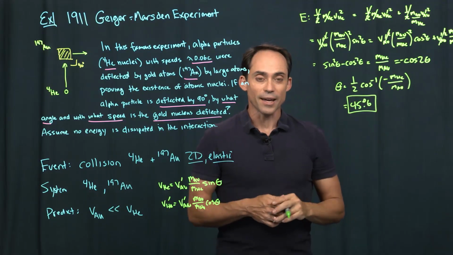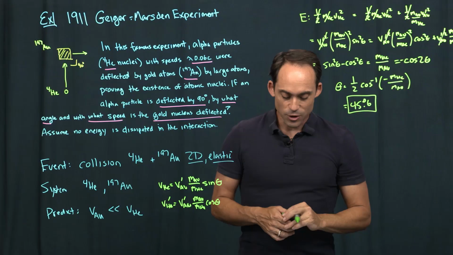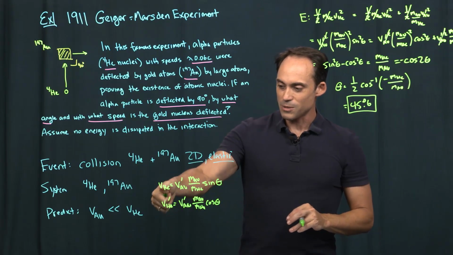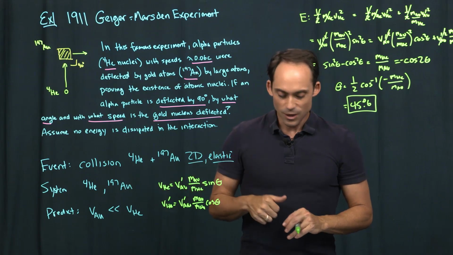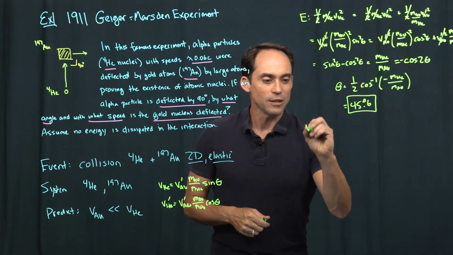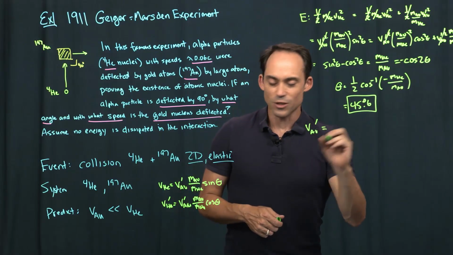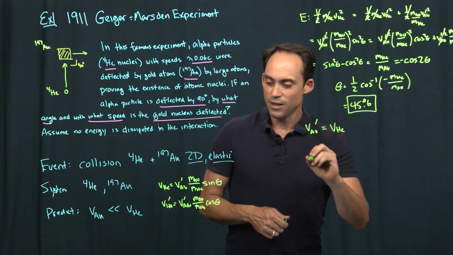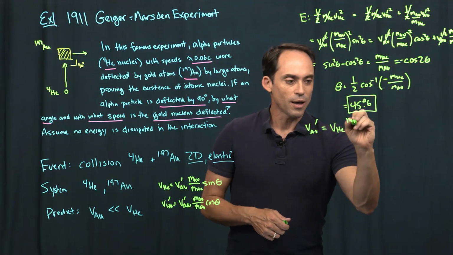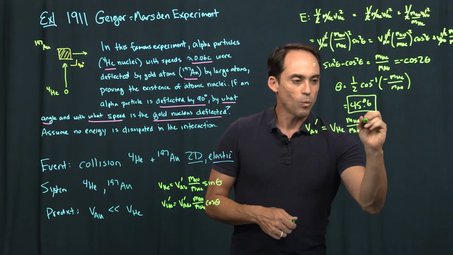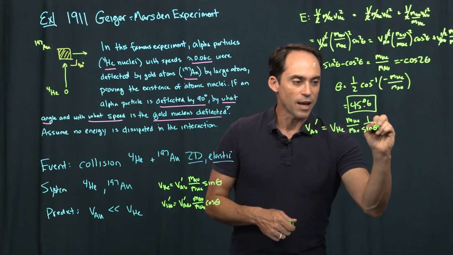Now we can go back and calculate the speed just by using one of our original expressions here. We know in this case, for example, the speed of the helium nucleus beforehand. So let's rewrite that equation to give us the speed of the gold nucleus afterwards. That's just V_He times the ratio M_He over M_Au, and then 1 over sine theta.